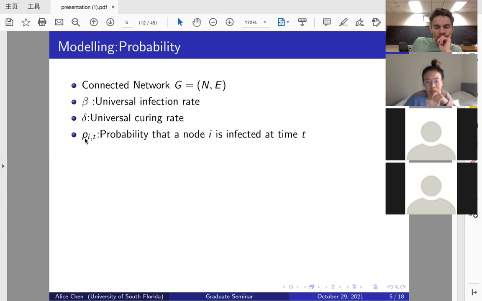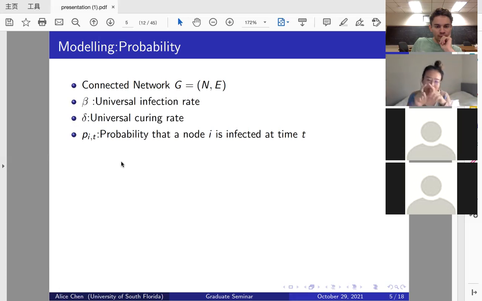We denote it as p_i(t). So p_i(t) means the probability that node i at time t got infected. Our model actually works with a very small discretized time step delta t, but the same result could also hold for the continuous case.